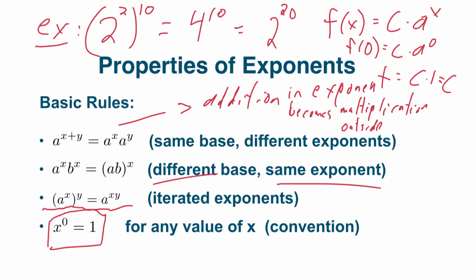And a to the 0 is just 1. So I end up with c times 1, or just c. So this is really very important to understand. Exponential models say that at x value or time value 0, the only output of the function is that constant c. And then I allow the exponential rate to start taking over. So it's important to understand that interpretation.